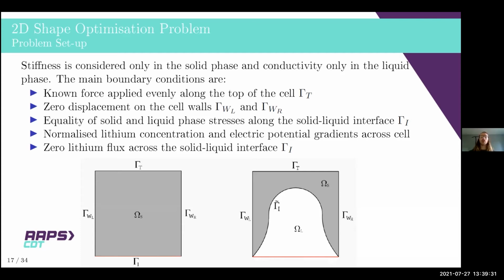So we can say that because there will be a difference, if the battery is discharging, for example, at the negative electrode, there will be a high concentration of lithium to start with, and at the positive electrode, there'll be zero concentration. So we can say the same on the cell level. At one side, we say the concentration is 1, at the other side, we say the concentration is 0, and the same for the electric potential.